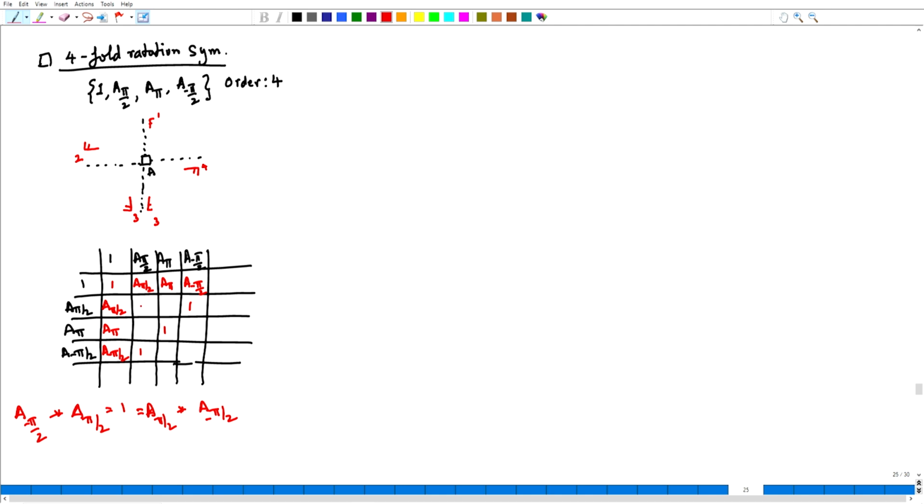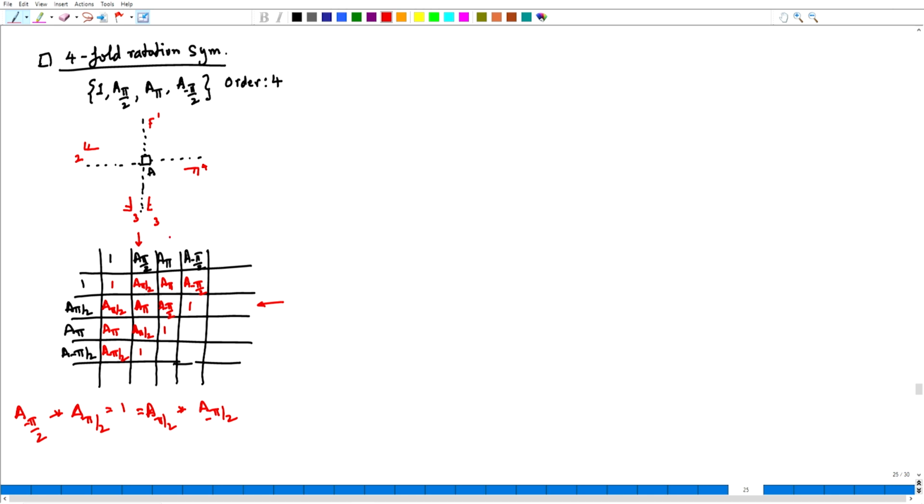So, here I cannot put a pi by 2 in this column. If I look at this particular column, a pi by 2 is out here, and what is left is a pi. Now, if I look at this second row, a pi by 2, a pi, what is left is a minus pi by 2.